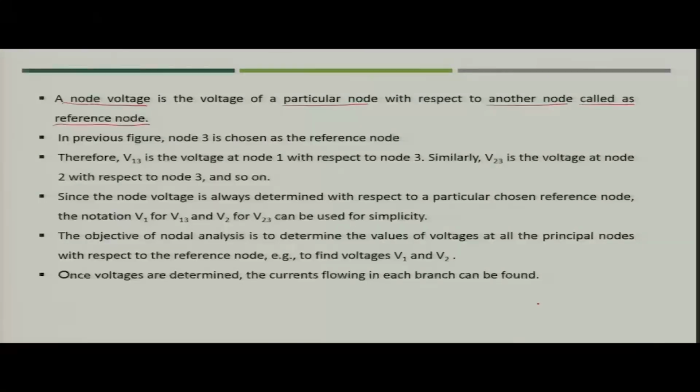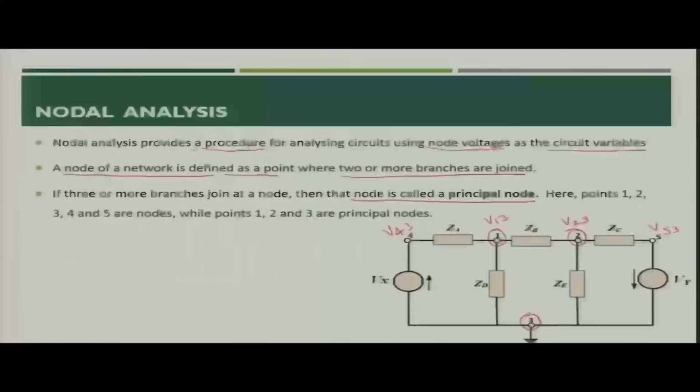Now, what we have to do? We only take those nodes which are principal nodes into consideration, and the voltages we assign to those nodes would be the circuit variables for nodal analysis. In this figure, V43, V13, V23 and V53 are the node voltages.